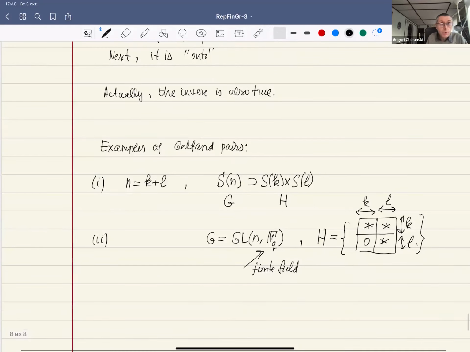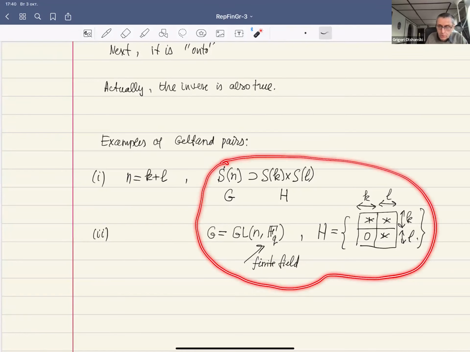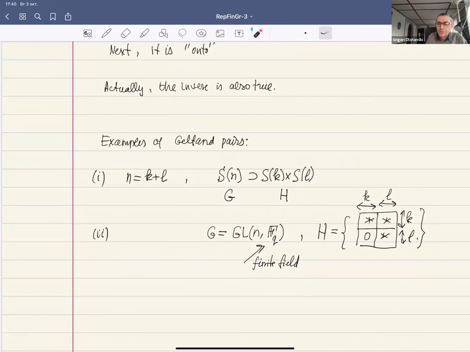And I would like to make some very imprecise remark, that these two pictures are similar. Because in a certain sense, this is a speculation. A symmetric group can be viewed as, so informally, let me write it. I stress, informally.